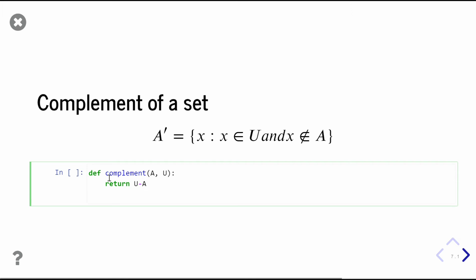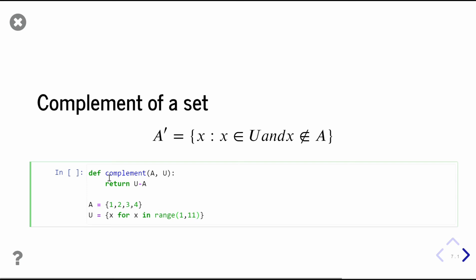Now suppose we have set A having elements 1, 2, 3, 4, and for this set we can create the universal set as x for x in range(1, 11).